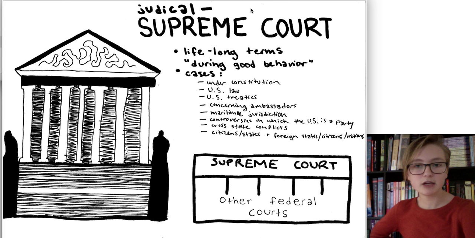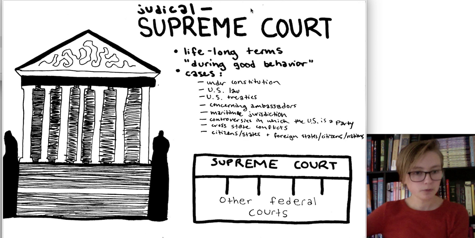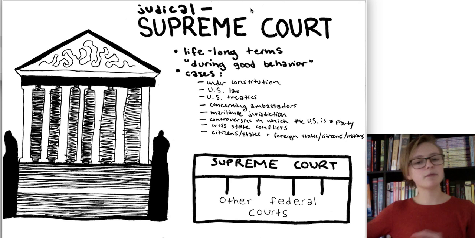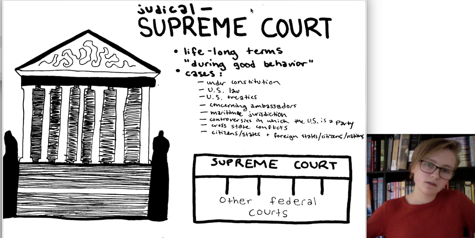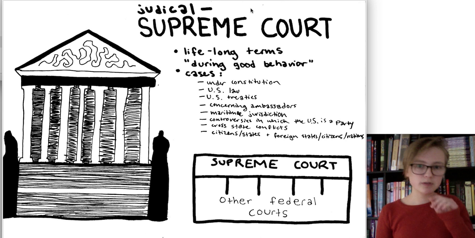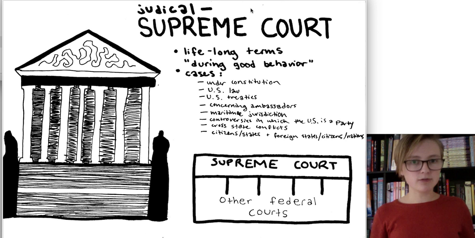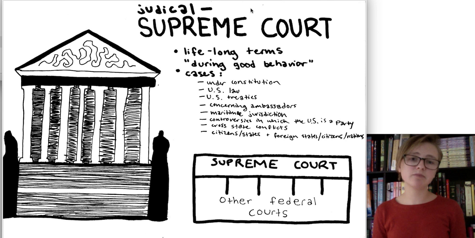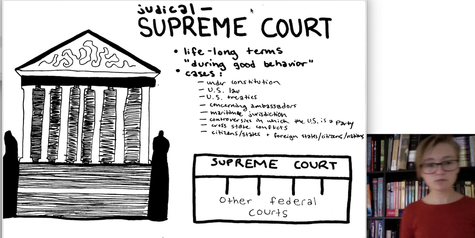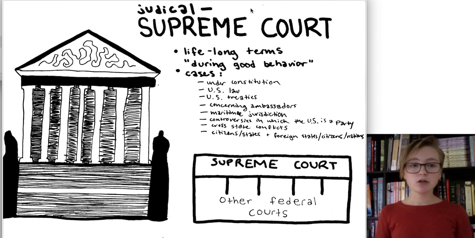The second branch is going to be the judicial, and this is made up of lots of different federal courts with the Supreme Court at the top. Members of the Supreme Court serve lifelong terms, as the Constitution puts it, during good behavior. So unless they're impeached or retire, usually they serve on the Supreme Court until they die.